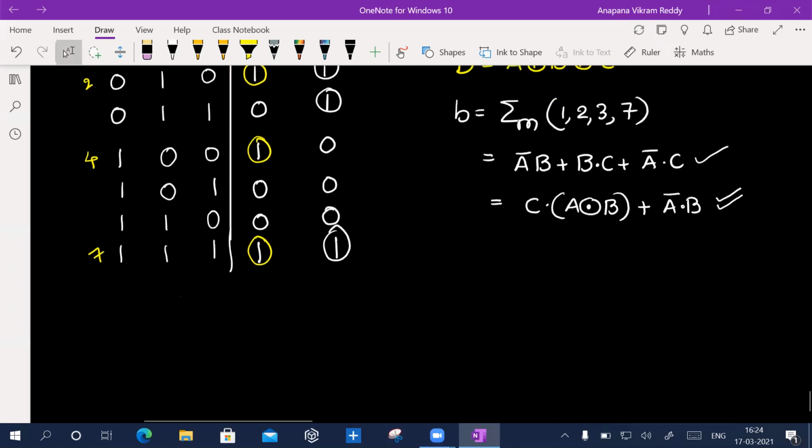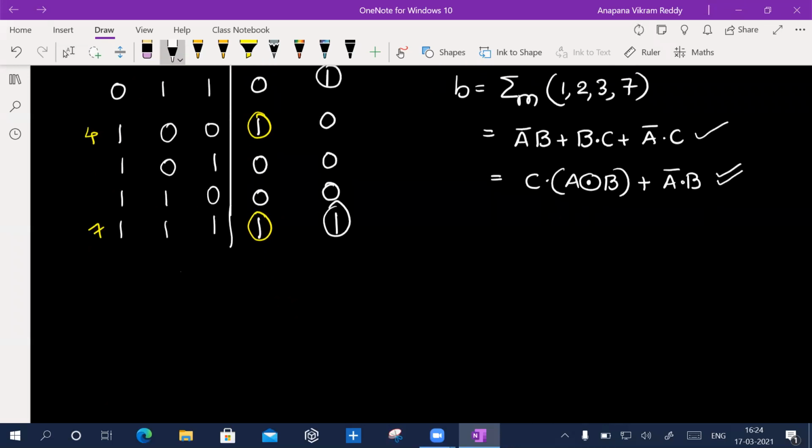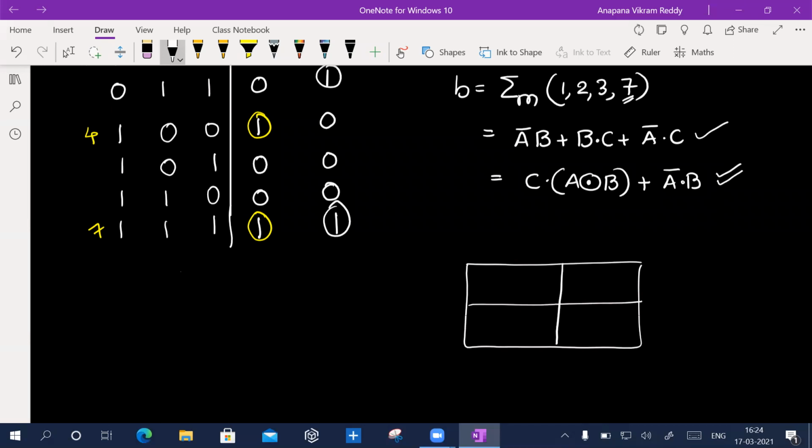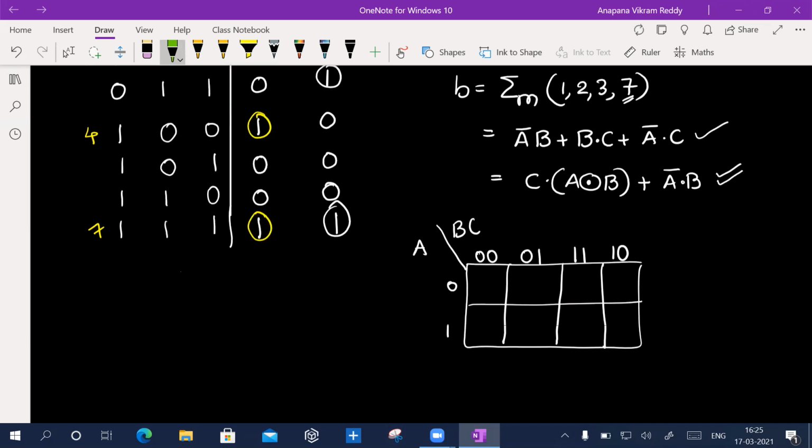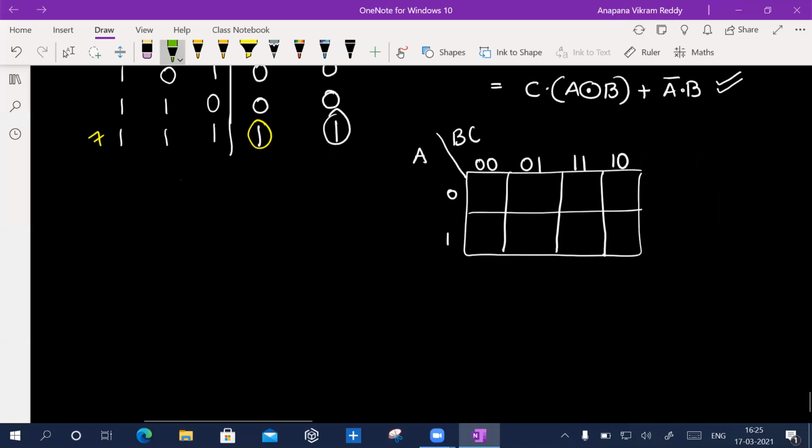So B is equal to 1, 2, 3, 7. So the largest digit is 7. So I take 8 cell K-map or 3 variable K-map. By this time, I think you gained sufficient experience in K-map. So 0, 0, 0, 1, 1, 1. I think almost we did all varieties of problems in K-map, including don't cares.